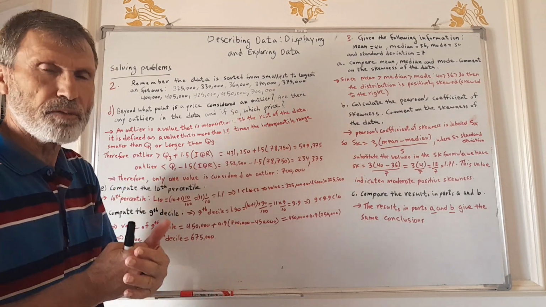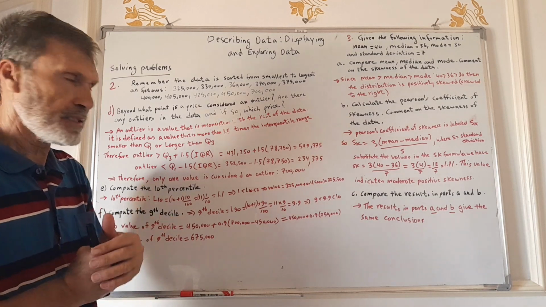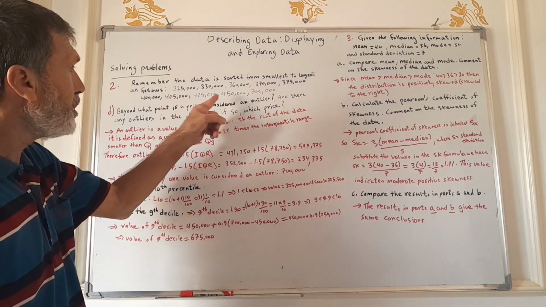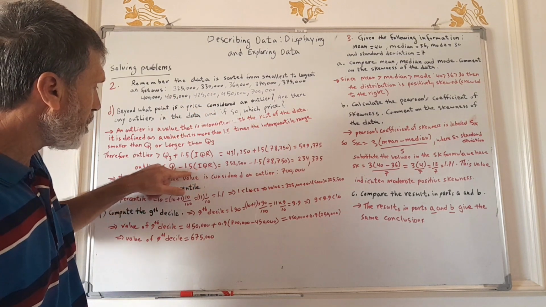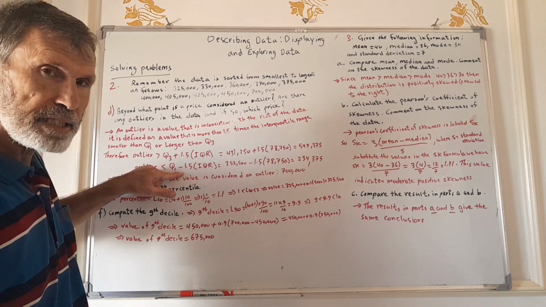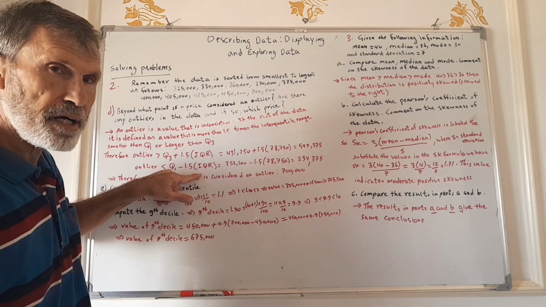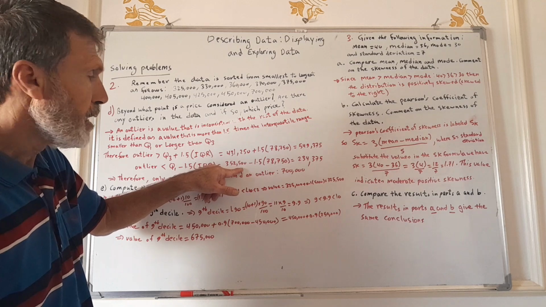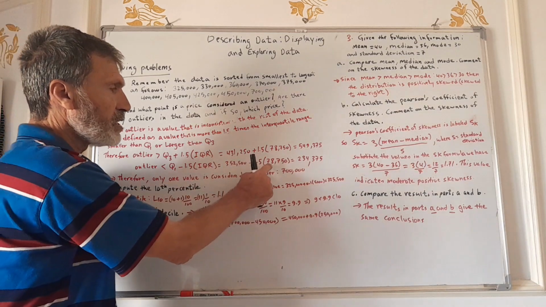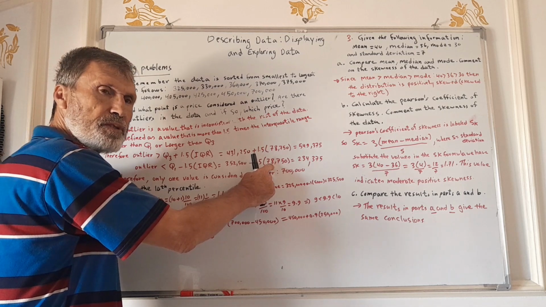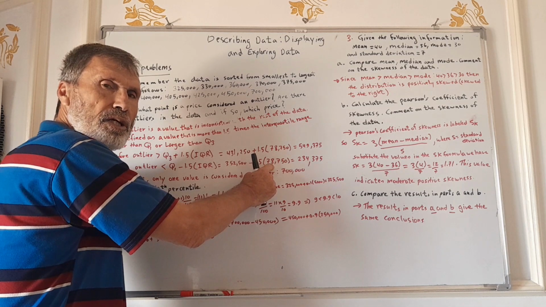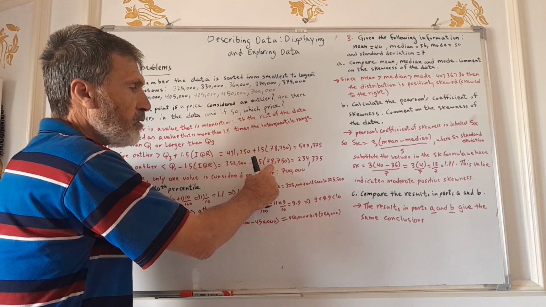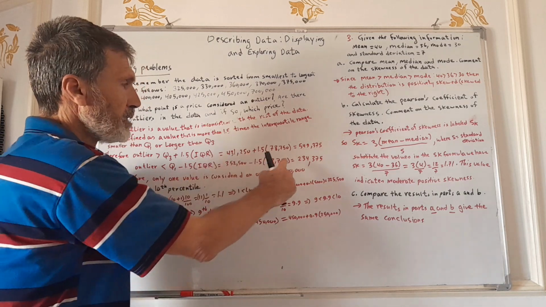Let's now calculate the minimum: if there is a value less than this. We can also have an outlier if any value is less than Q1 minus 1.5 times the interquartile range. So we plug in Q1, the value 352,500, minus 1.5 times the interquartile range, which is 78,750.